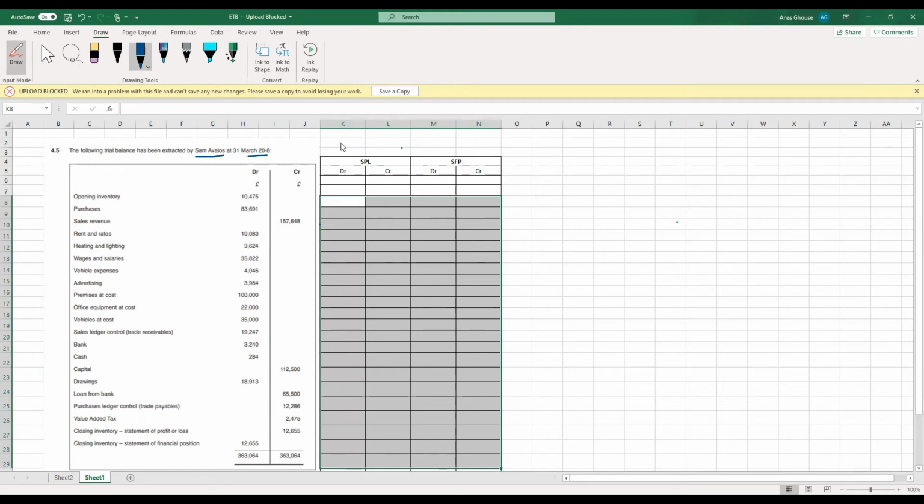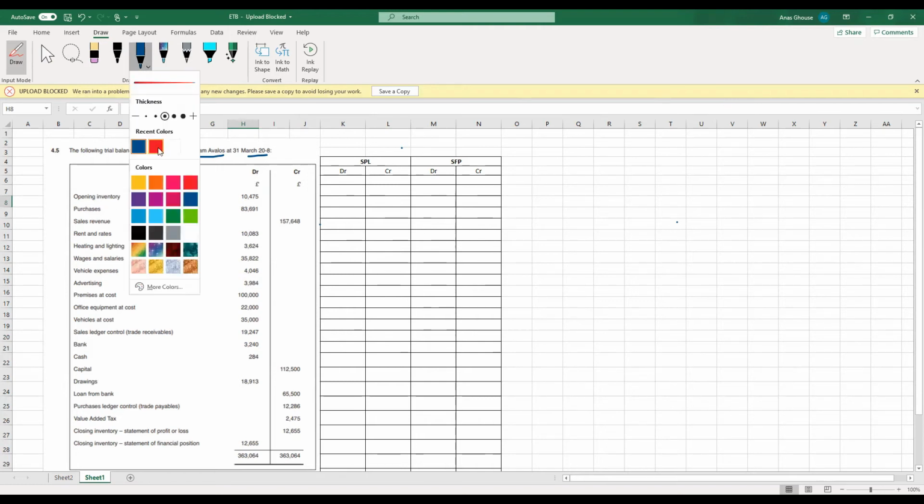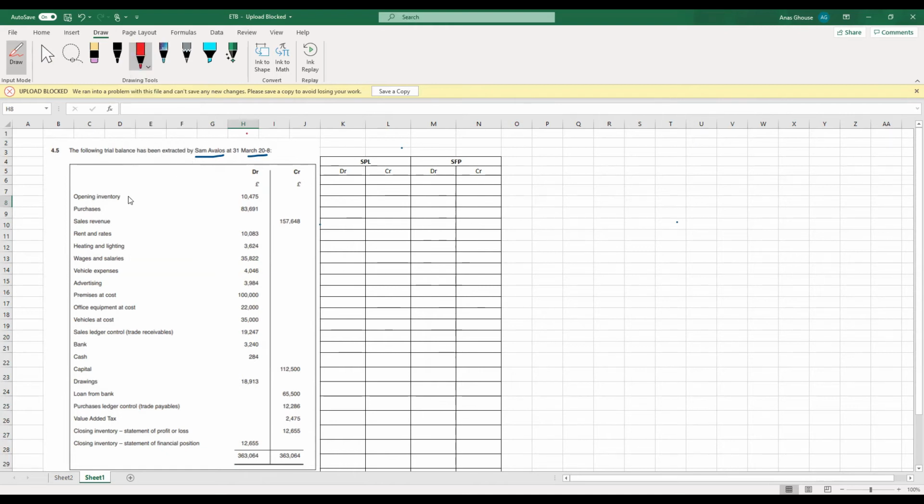Okay, so let's go through one by one. Opening inventory. Okay, so opening inventory, as I told you, this should be a debit balance. It should be reflected in the statement of profit or loss.